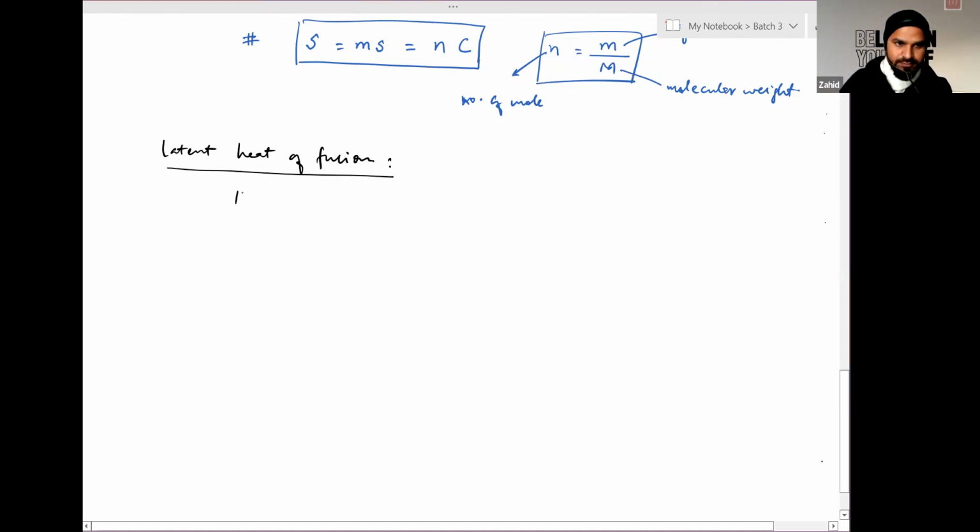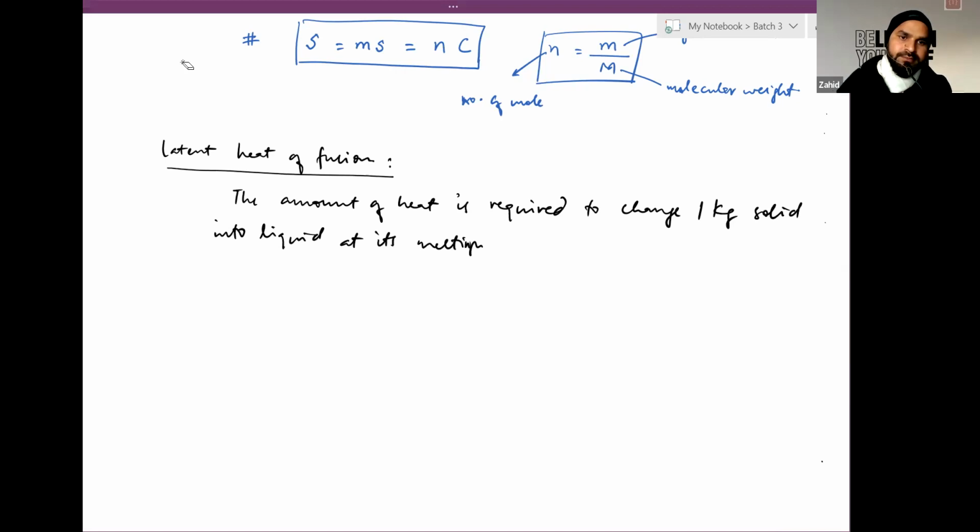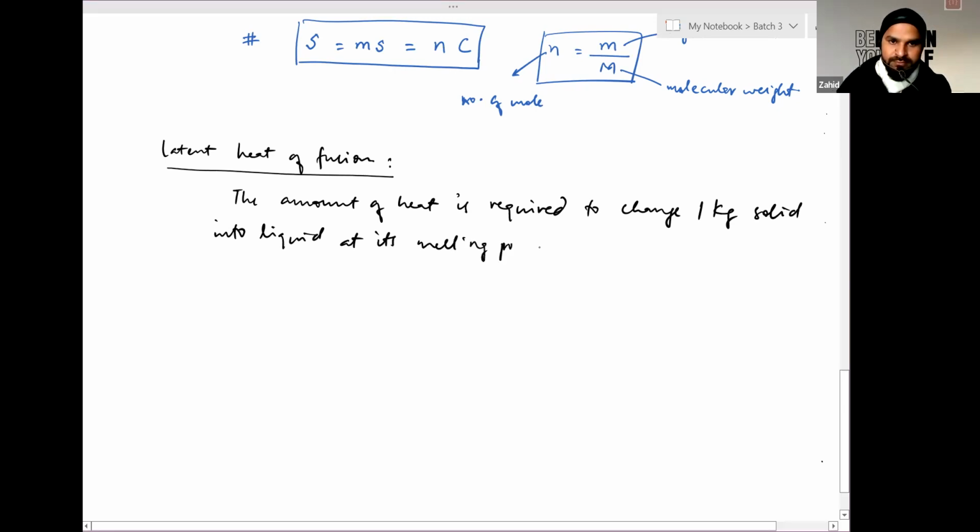So we can say the amount of heat required to change 1 kg solid into liquid at its melting point and normal atmospheric pressure.